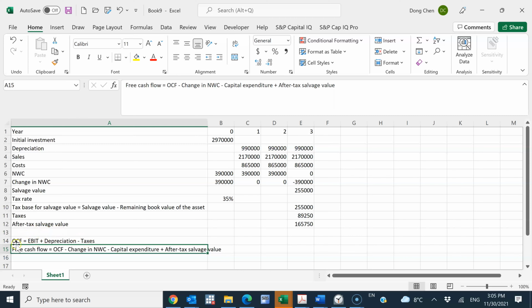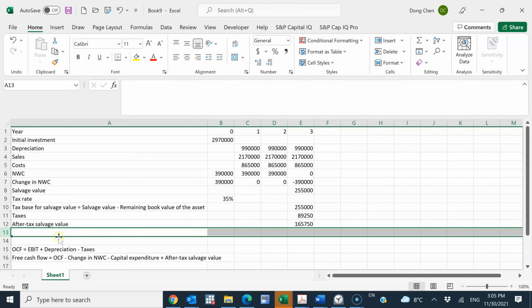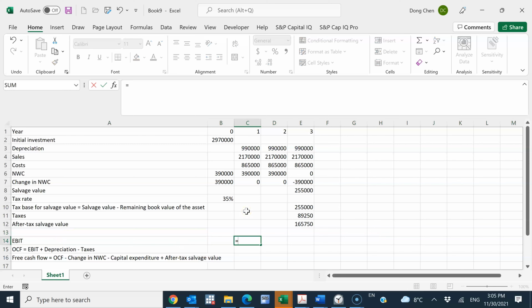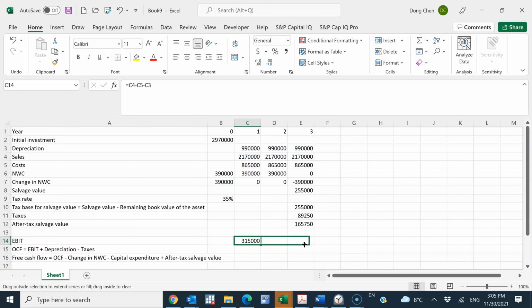So in order to calculate operating cash flow, we need to calculate EBIT. So EBIT basically is sales minus cost and then minus the depreciation. So that's how the EBIT here is calculated. And then we have the EBIT, we have the depreciation. The only thing missing in order to calculate this OCF is the taxes.